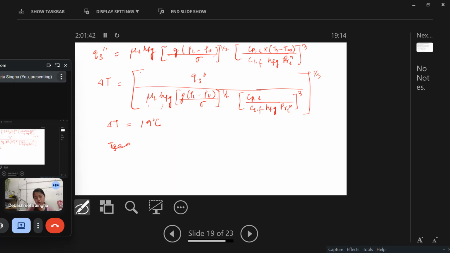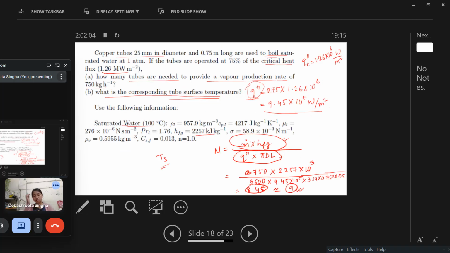So delta T equals T_s minus T saturated, which is 19. So T_s will be the saturated temperature of water, 100, plus 19, which gives us 119 degrees Celsius. Alright, so this is how we calculate the temperature.